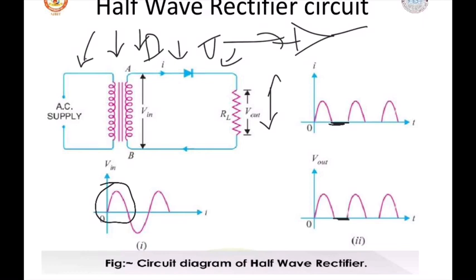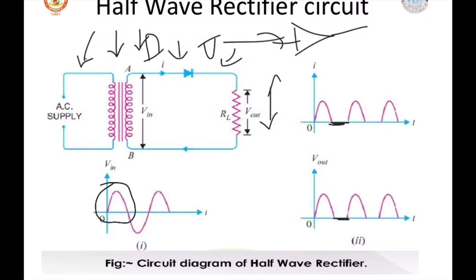So what is the input we are giving? 230 volts, 50 hertz, given through the step down transformer. You can see it steps down the voltage to 10 volts. So across AB, where you get 10 volts, that will be the input signal.